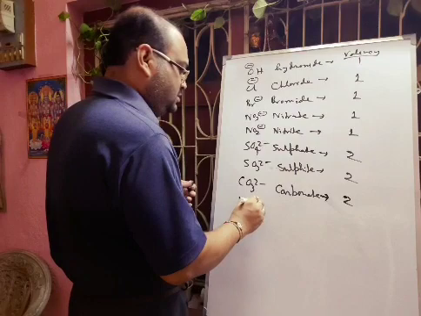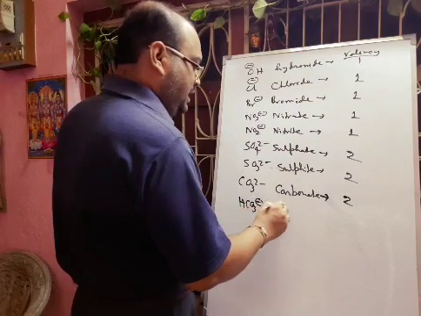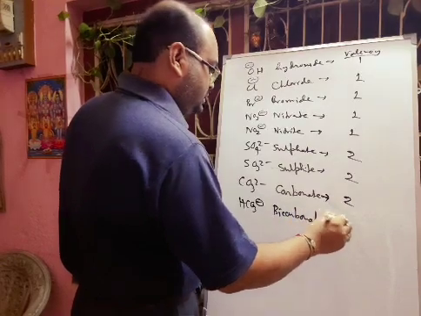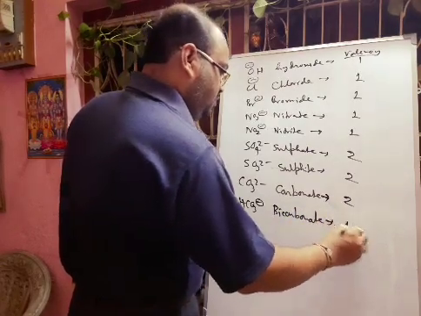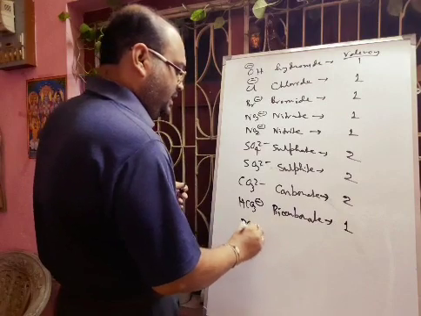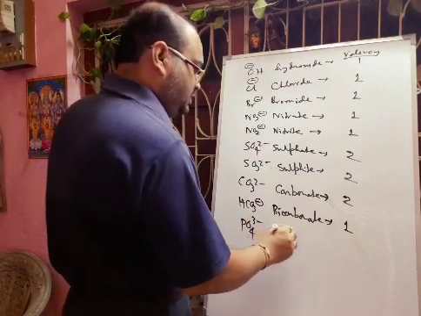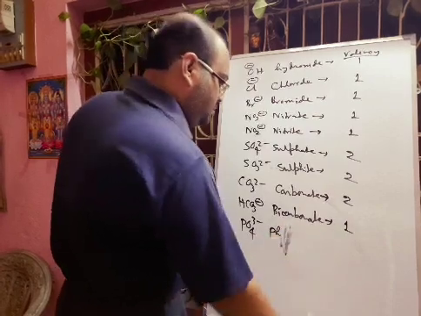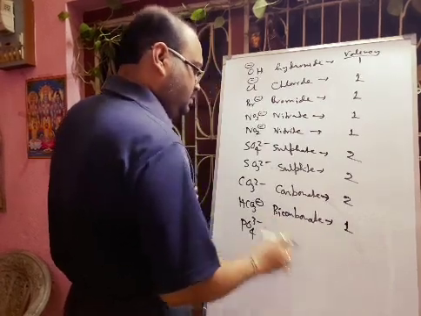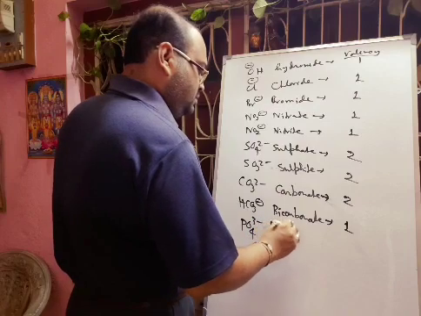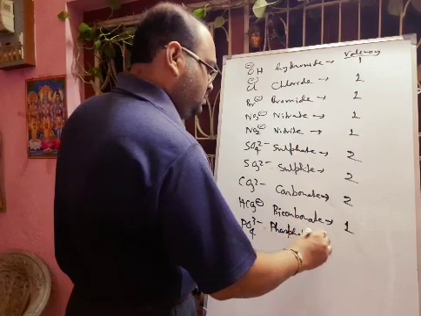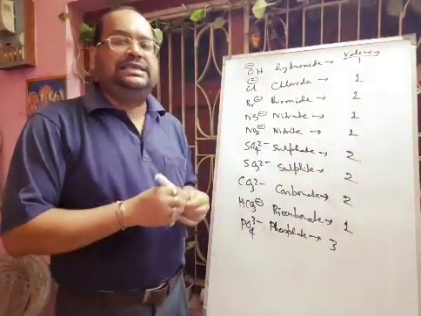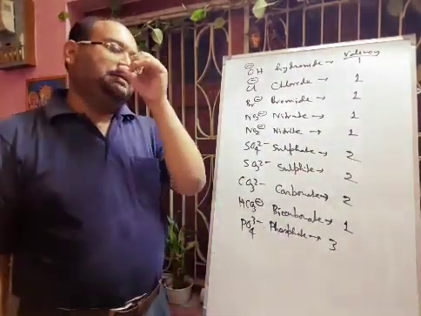HCO3 minus, this is called bicarbonate, its valency will be 1. PO4 3 minus, this is called phosphate, its valency will be 3. So in this way, one acid radical chart is there. You have to remember this thing also.